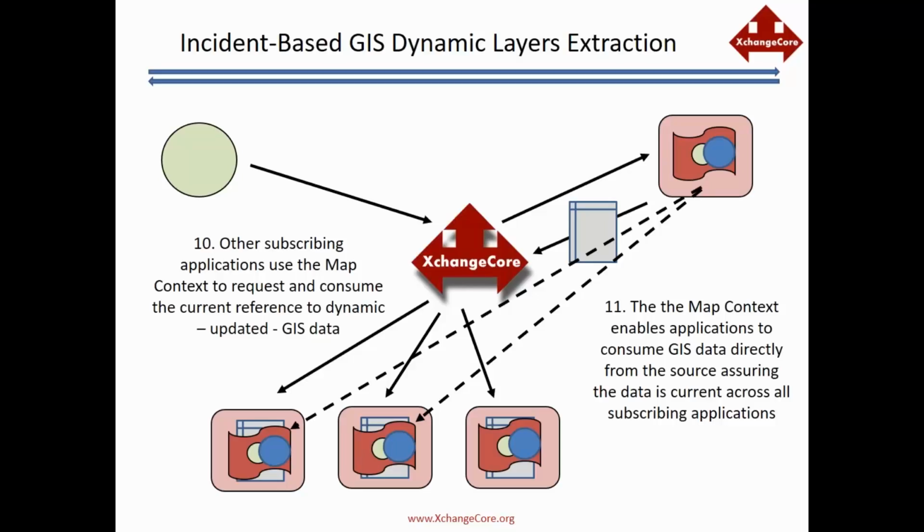That's the whole role of this set of use cases. This is to show you how disparate information becomes common, orchestrated through XchangeCore, and then shared and available to those who need to make the right decisions.